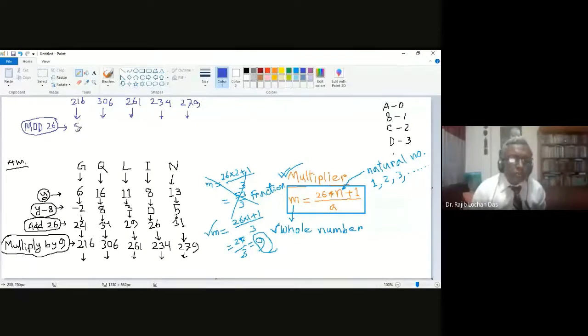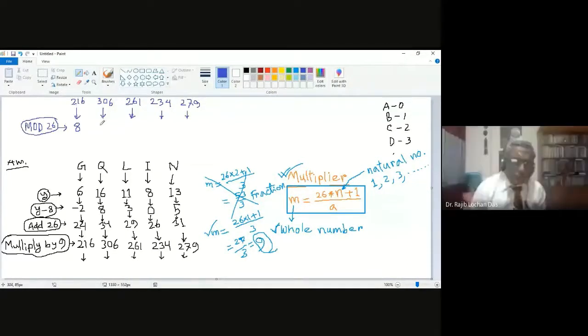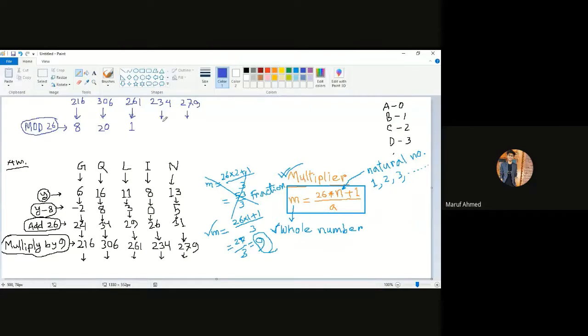Do it separately, so it will be quick. What is 306? For 306, it's 20. Correct. And this one is 1.